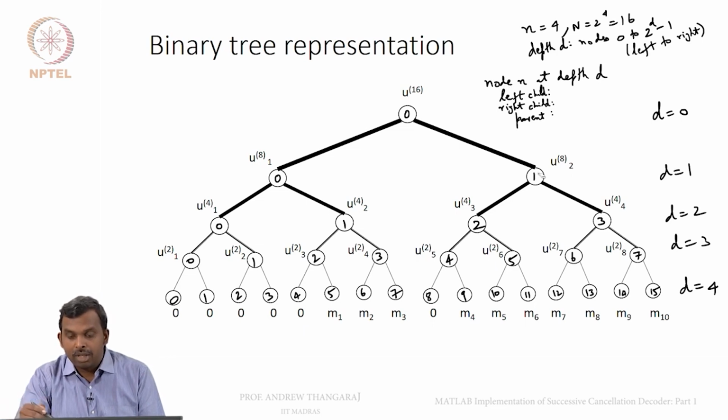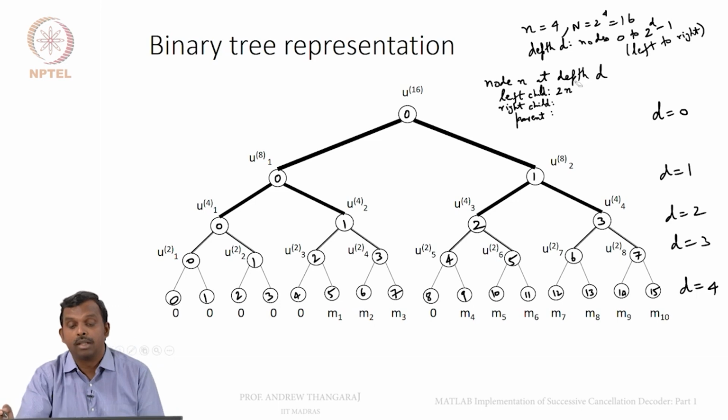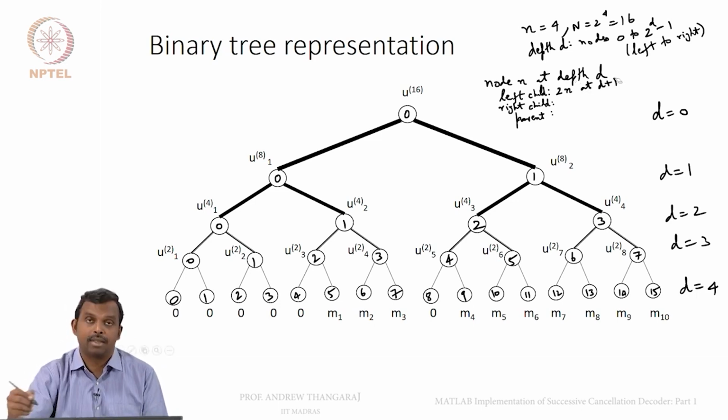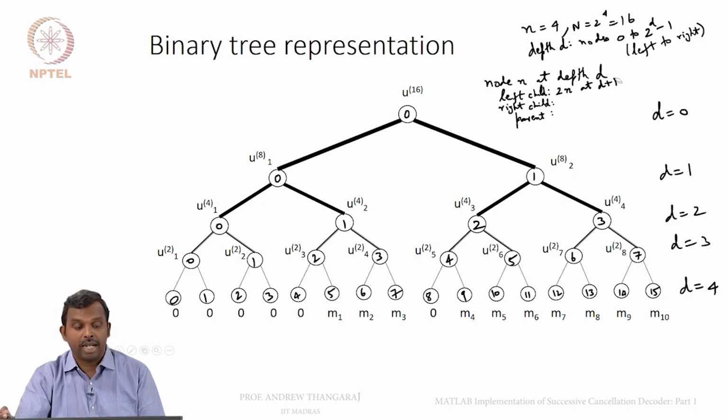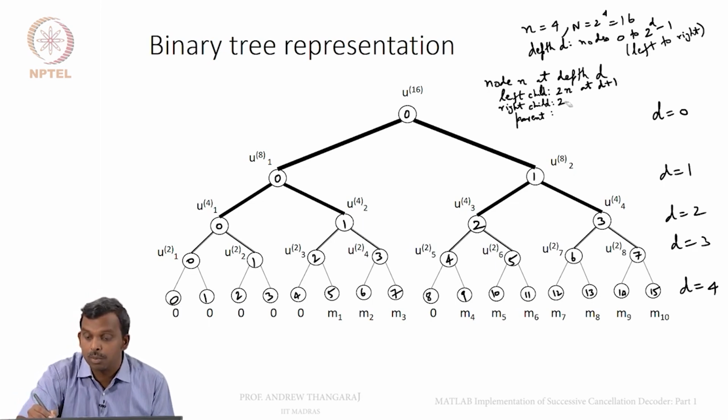You can look at it closely; there is a pattern here. Whenever you see the node, the left child is always multiplied by 2. So this is going to be 2n at d plus 1, the next depth. What about the right child? Again, there is a very simple pattern. It's possible to prove these things if you like rigorous proofs.